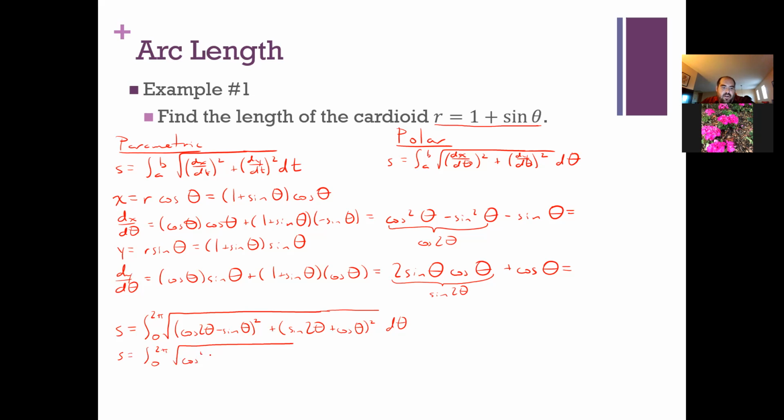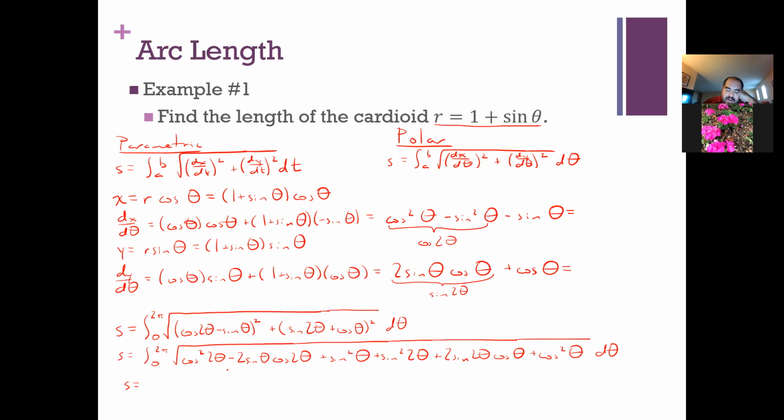I get cosine squared 2 theta minus 2 sine theta cosine 2 theta plus sine squared theta plus sine squared 2 theta plus 2 sine 2 theta cosine theta plus cosine squared theta, dθ. So a few things simplified there.